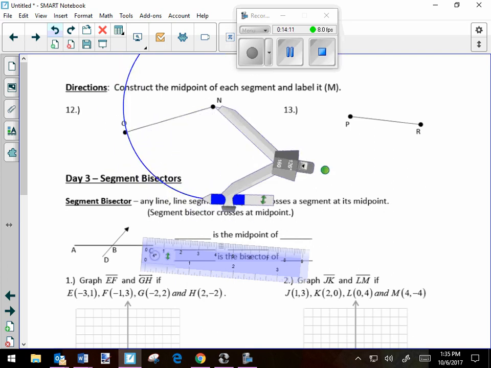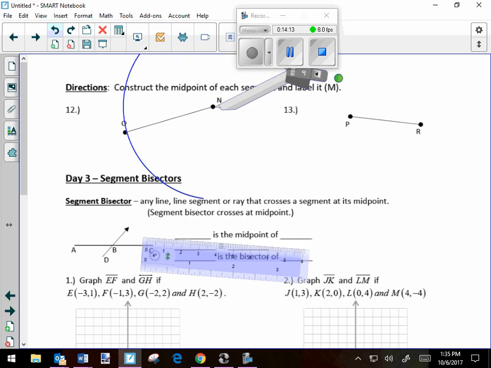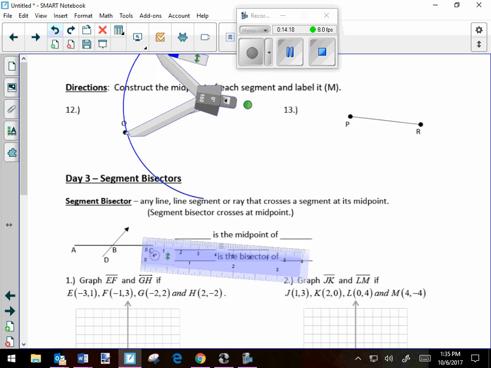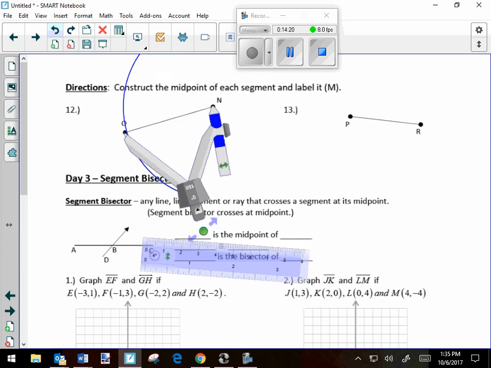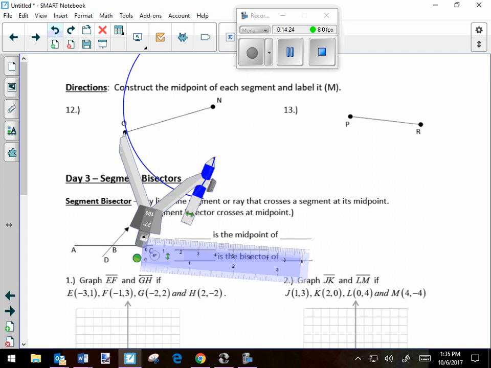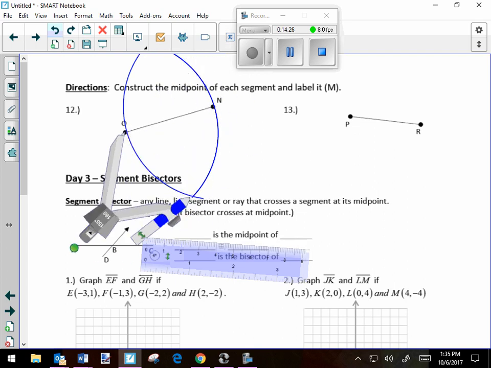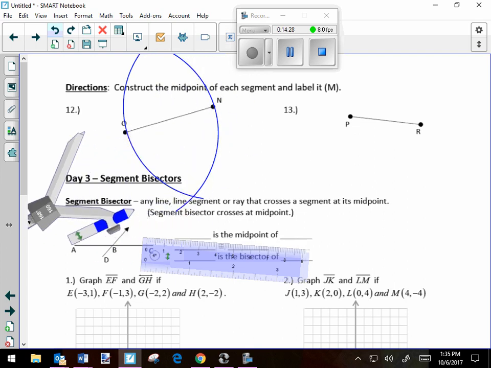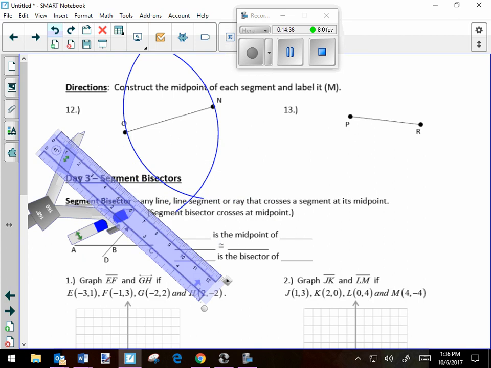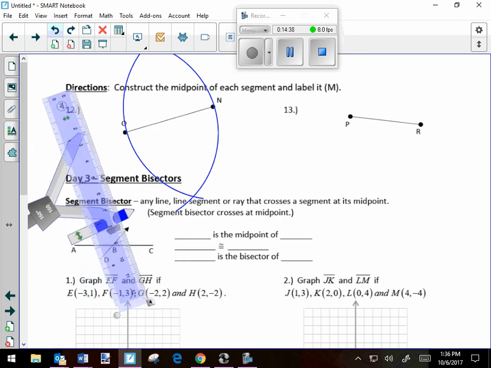And then I'm going to take my compass and move the compass point over here now. Make the same size arc. And when I do that, I can now take my ruler, line it up with the point at the top, which of course we can't see on mine because it went off the page.